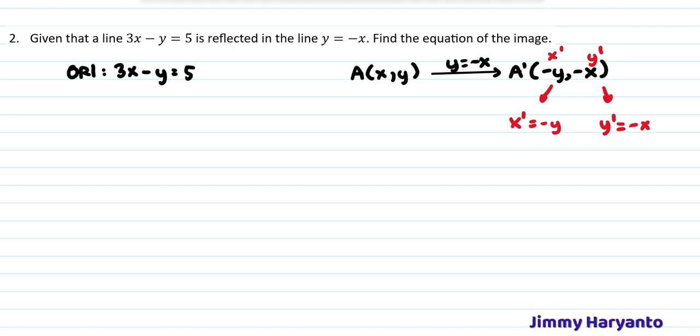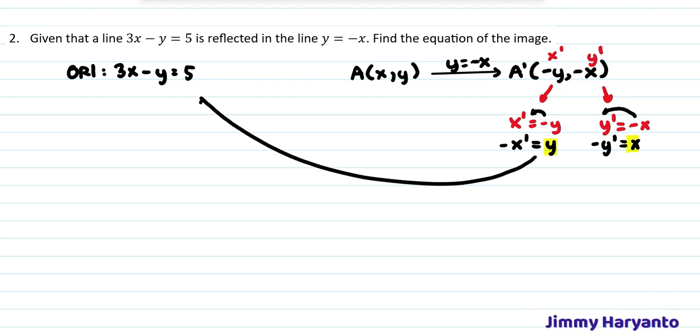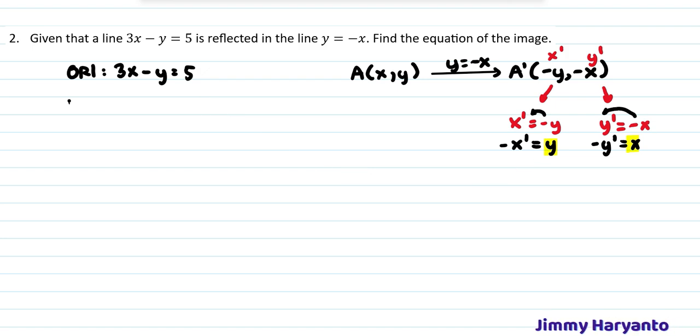And then after this you have to move the negative to the left hand side, so you will have negative x prime equals to y, and when you move this you will have negative y prime equals to x. There you go. This is our y and x. Next step is to substitute this into the original line.